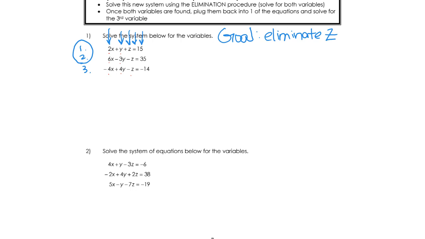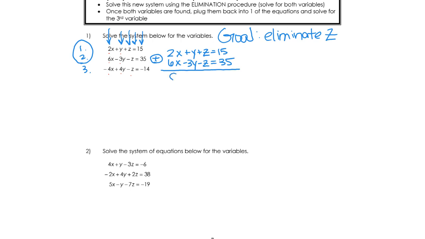And so all we have to do is take equation 1 and recopy it. And you'll notice I put a line through my z so they don't look like 2's. And I'm going to take equation 2 and put it right underneath equation 1. Because they're opposites, all we have to do is add these 2 equations together.